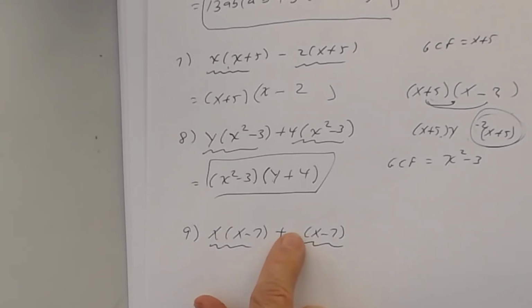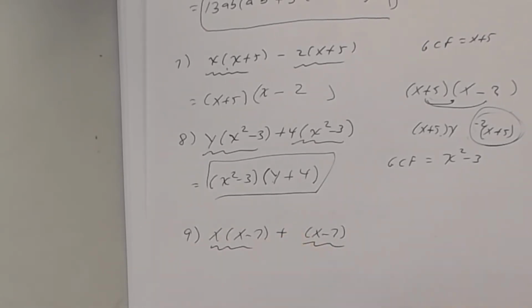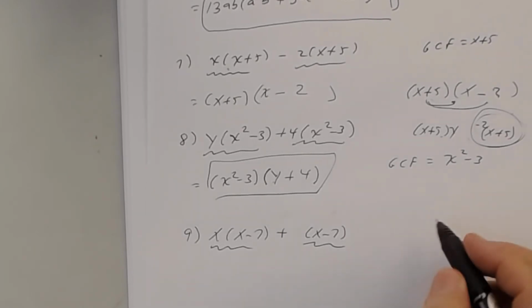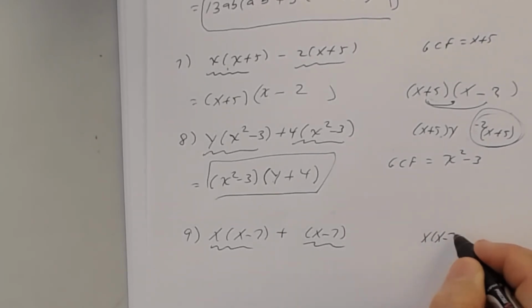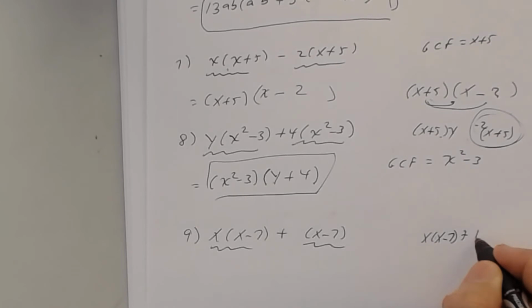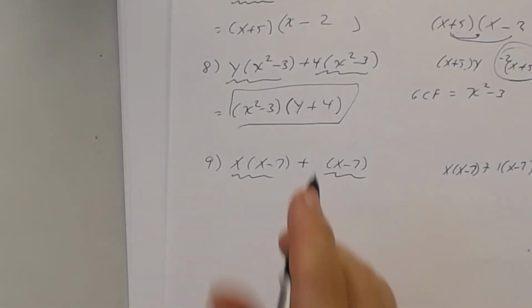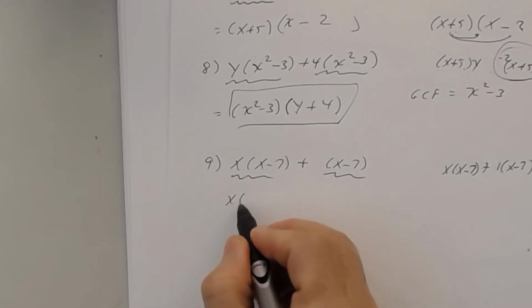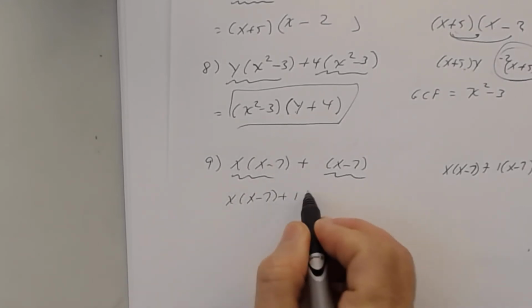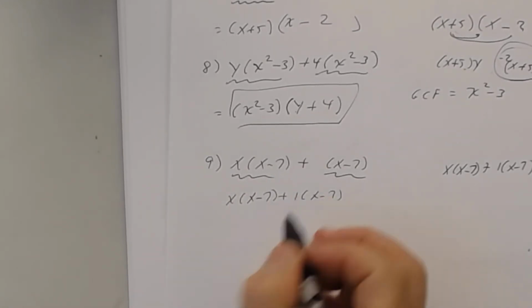A 1. That's understood to be a 1. So when you rewrite this, just make sure you think of this as this. Okay, that's going to help you. So if you need to, put a 1 there. So basically you would end up with this. You would just rewrite it putting a 1.